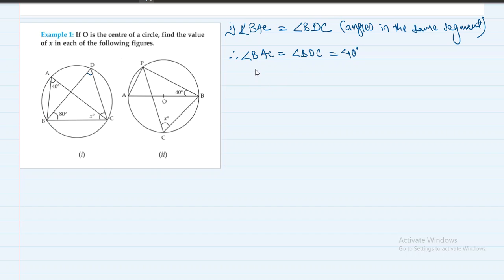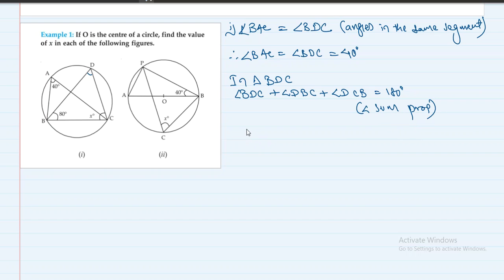Now in triangle BDC, focus on triangle BDC please. Angle BDC plus angle DBC plus angle DCB is equal to 180 degrees. Angle sum property.